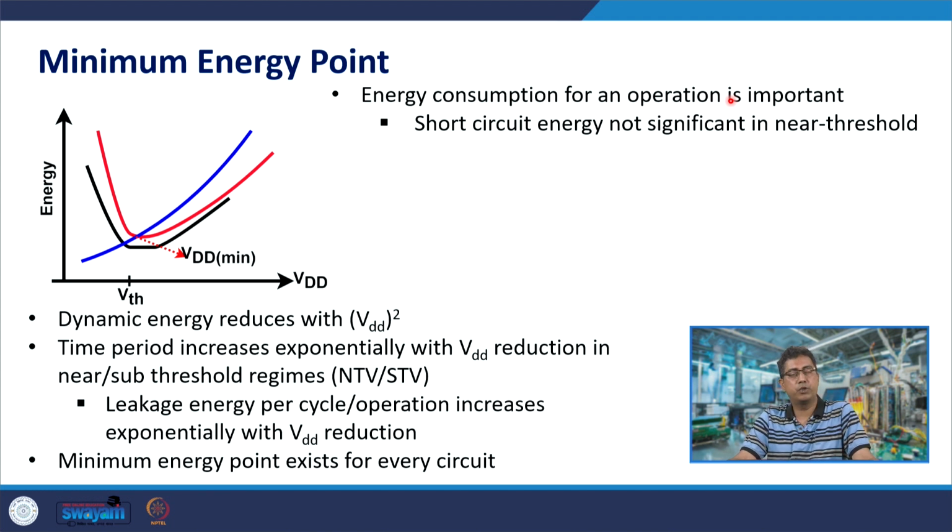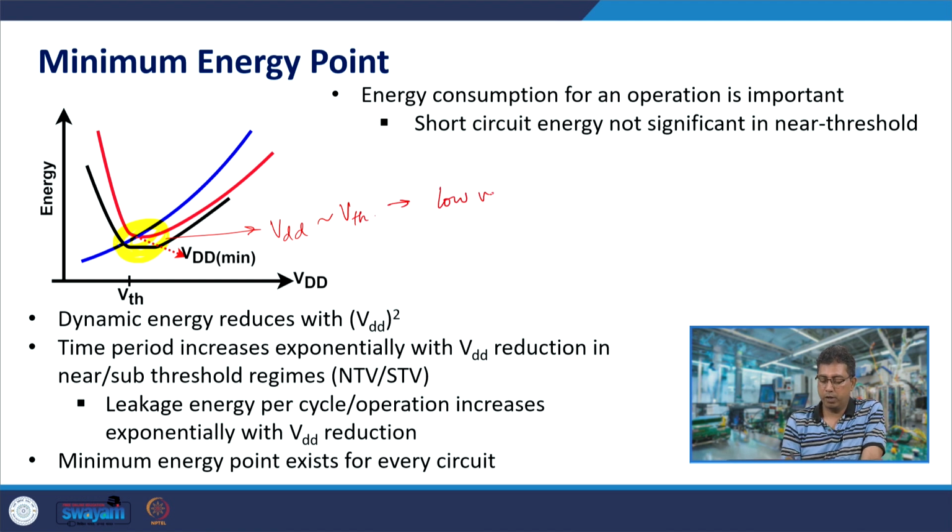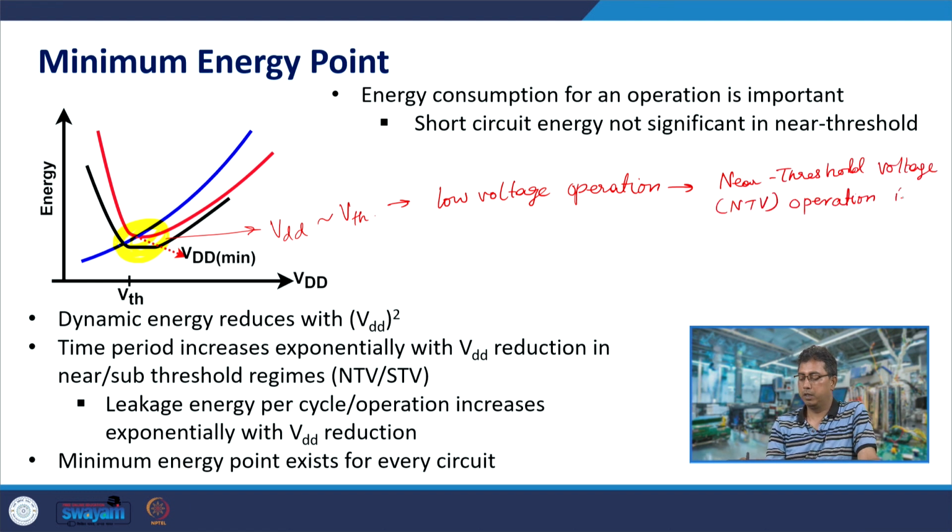So, this gives rise to an optimum VDD which ensures a minimum energy operation, and that turns out to be near the threshold voltage. That is why, for low voltage operation, near threshold operation is important.